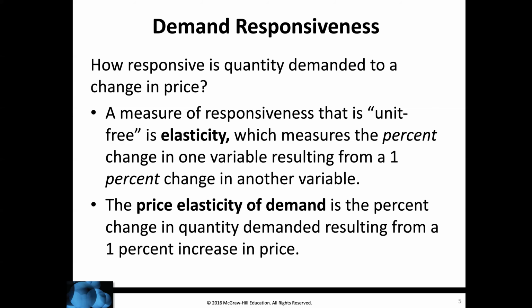So the price elasticity of demand is the percent change in quantity demanded resulting from a 1% increase in price. And some products are very elastic, and some other products are very inelastic. And we'll talk about what that means as we get a little deeper into some of the concepts that we'll talk about. Again, this should all be reviewed to you.